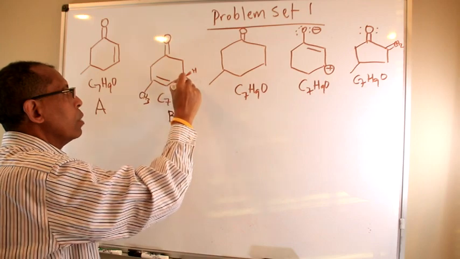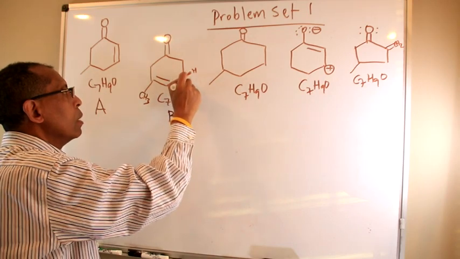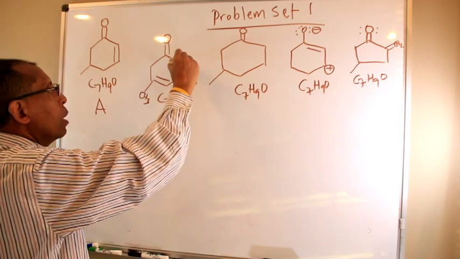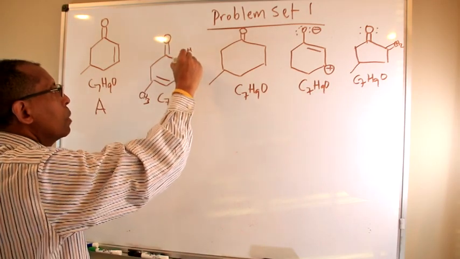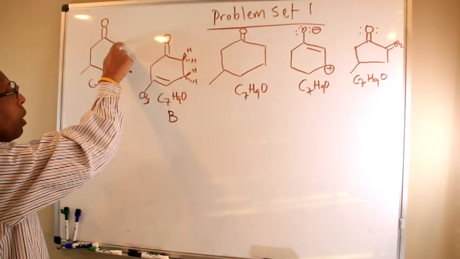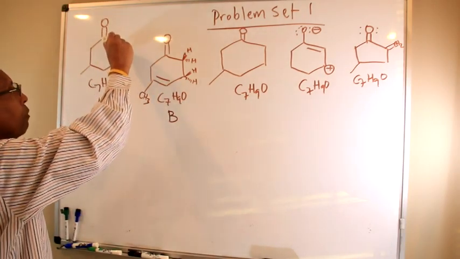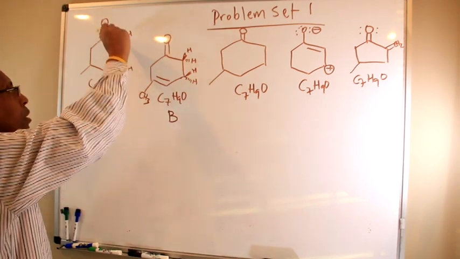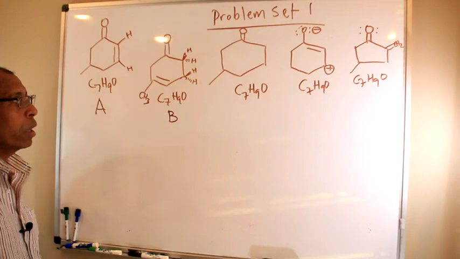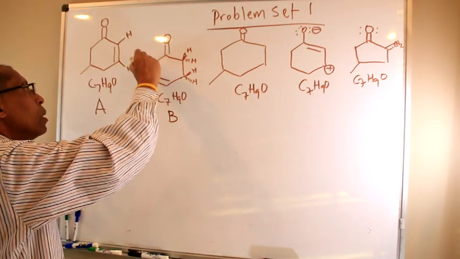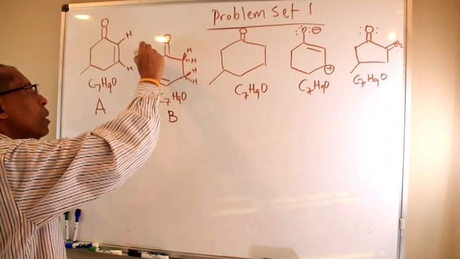Remember, in an sp3 hybridized carbon there are 2 hydrogens. Similarly, there are 2 hydrogens here. The same thing here, but at the double bond you have only one planar hydrogen that is 120 degrees oriented. So here you also have hydrogens.